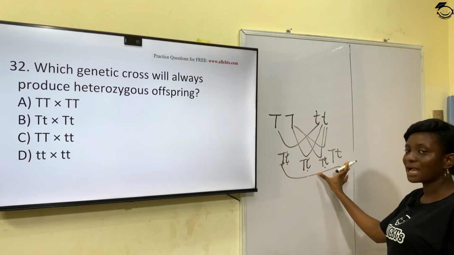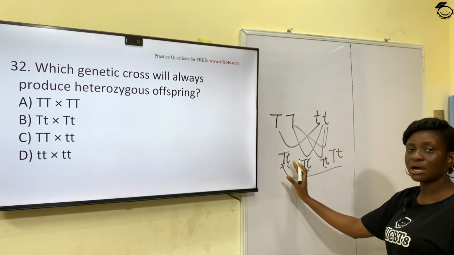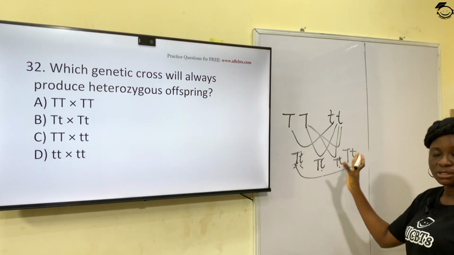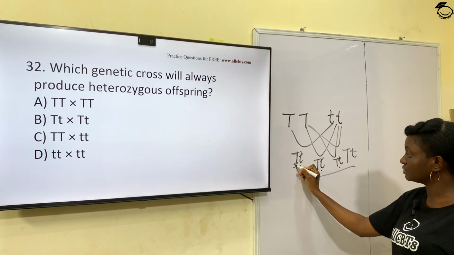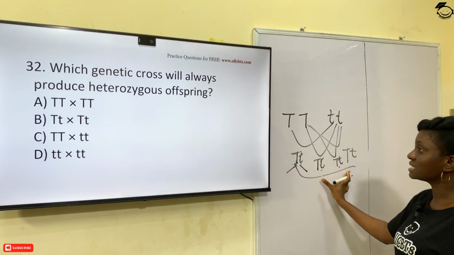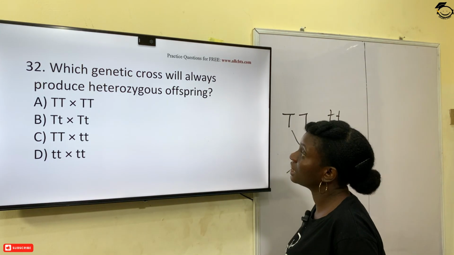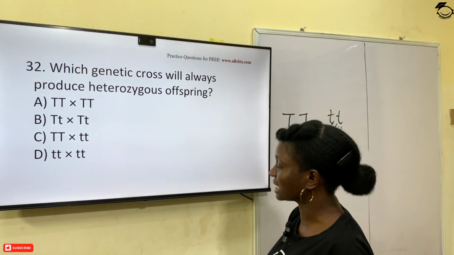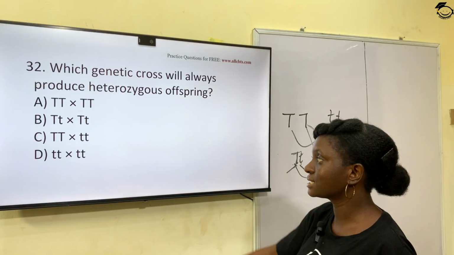So these are heterozygous. That means two different variants from the parents. The offspring can, if one is dominant, the other is recessive. So this is an example producing heterozygous offspring. That means option C is the correct answer.